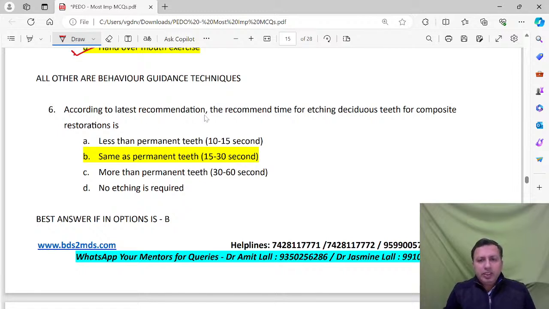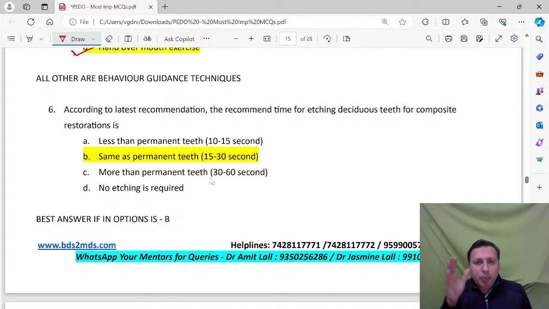Now, according to the latest recommendation, the recommended time for the etching of the primary teeth for the composite restoration is: less than permanent teeth, same as permanent teeth, more than permanent teeth, or no etching required. In the lecture I told you that earlier the concept was that the primary teeth require more etching because of the aprismatic enamel, but now they have found that the etching time doesn't change the bonding.